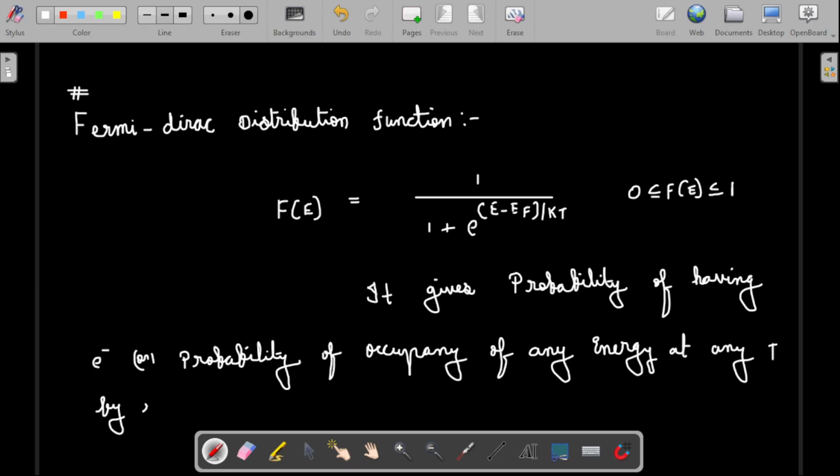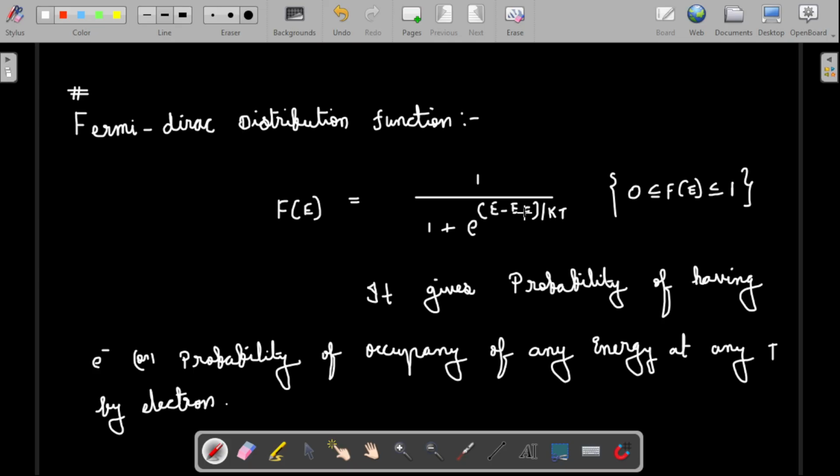The important term is electrons, because this is representing especially electrons. Since it is given in terms of probability, the functional value will be greater than or equal to 0 and at most 1. So this is a probability, right?